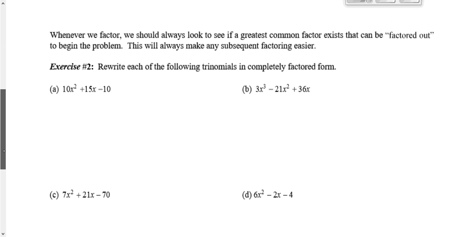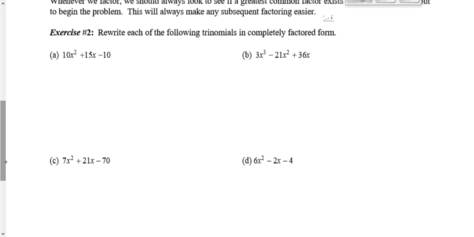All right, let's move down here. So they basically just want us to completely factor each one of these. Okay? So let's take part A. What do we look for first? And, okay, so we can factor a 5 out of this. What's that leave us? 2x squared plus 3x minus 2.